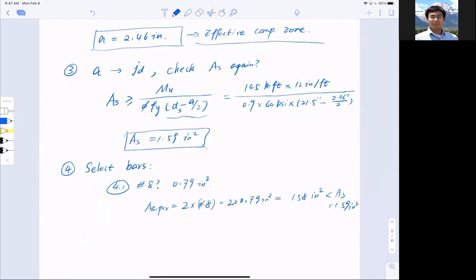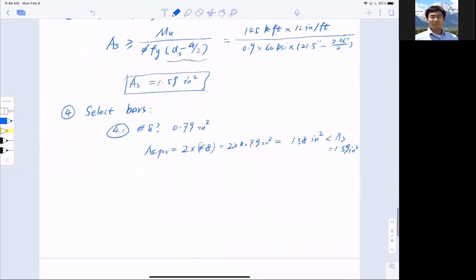You say, how about 3? Well, I can go 3, but the width of the beam is 12 inch, and the number 8 bar is 1 inch. That's quite big bars for such a small width. By my experience, this will not fit if I provide 3 bars.